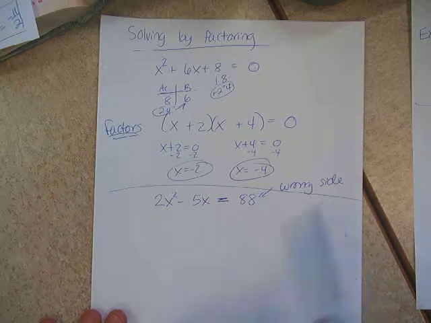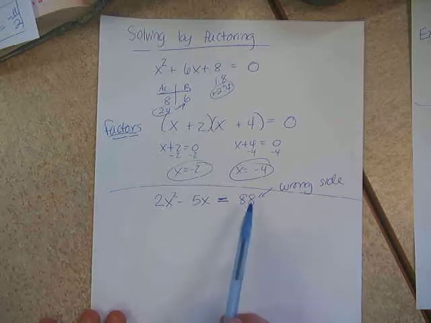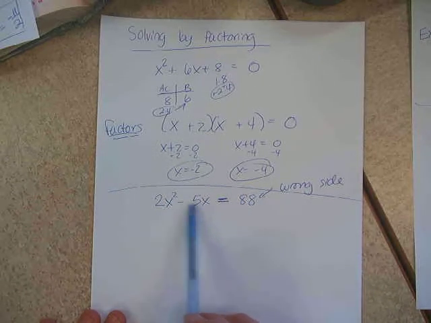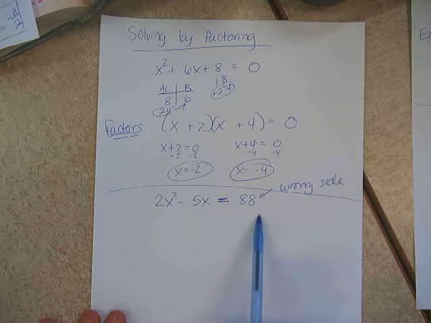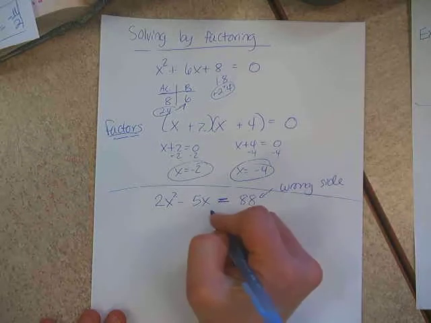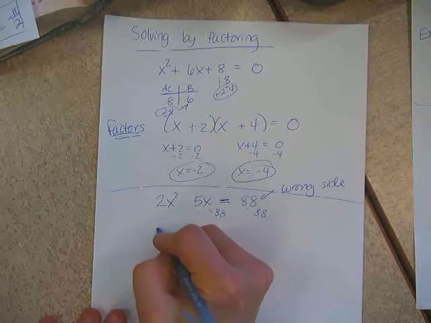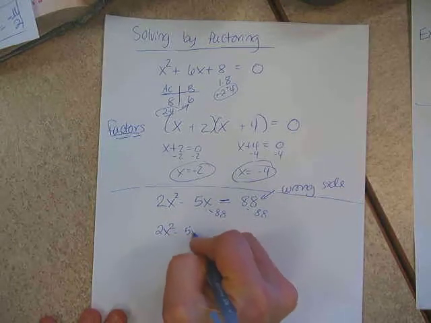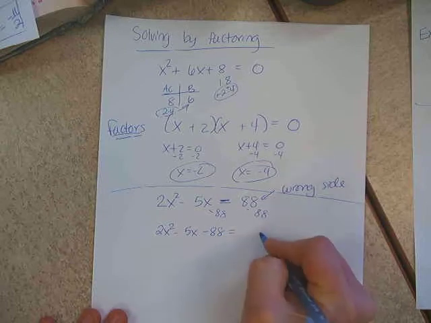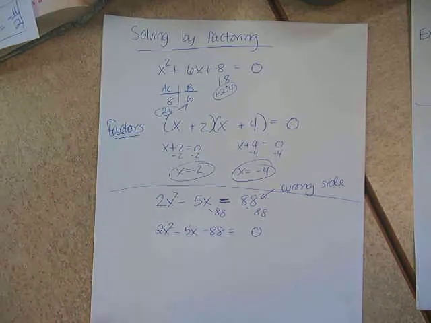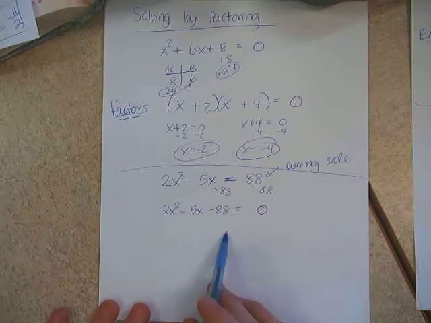So if it's on the wrong side, we're going to have to subtract it to get it on the other side. Don't mistakenly combine it with either of these, because these have x's, those don't. They're not like terms. But if we subtract from both sides, we have 2x squared minus 5x minus 88 equals 0.